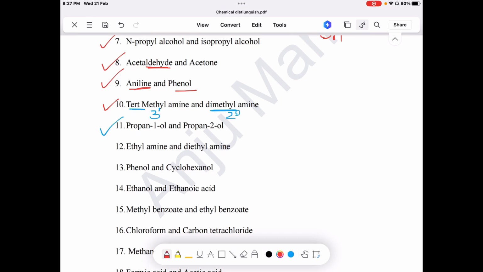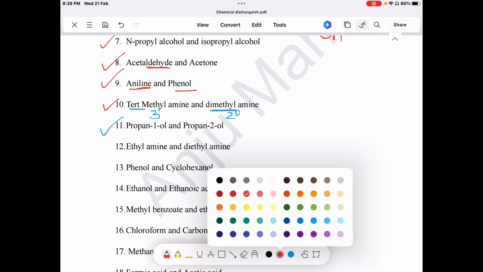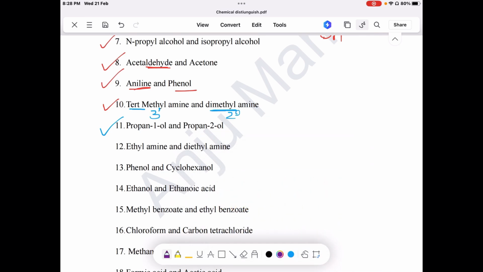Next we have propan-1-ol and propan-2-ol. Propan-1-ol is a primary alcohol, propan-2-ol is a secondary alcohol, so we perform the Lucas test.